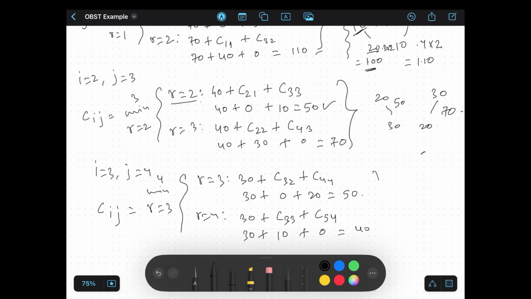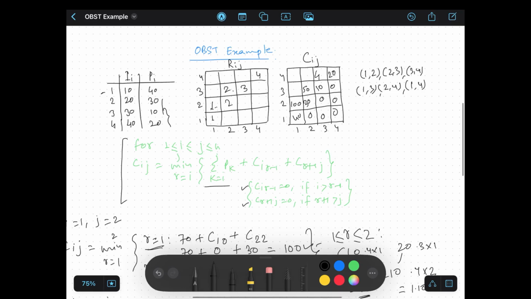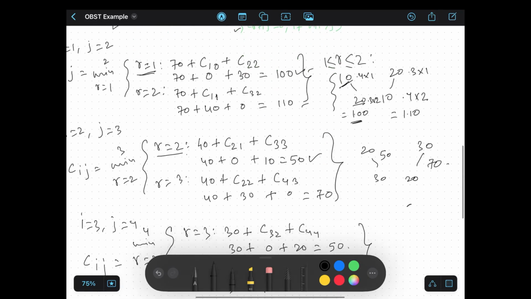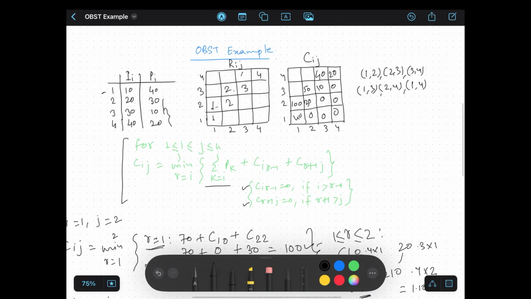So we get 50 and 40. This is minimum, so we are going to pick r equal to 4 for cost of 3, 4. So cost of 3, 4 came out to be 40, and we picked item 4 here.